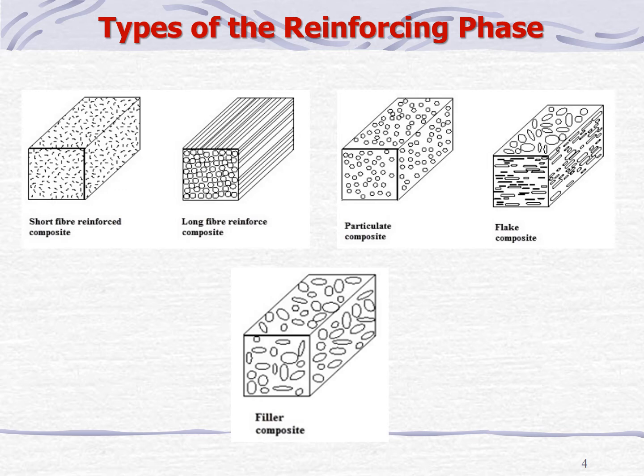These are the types of reinforcing phase that we can add to the matrix phase. The reinforcement can be in the form of short fiber, and also in the form of long fiber.